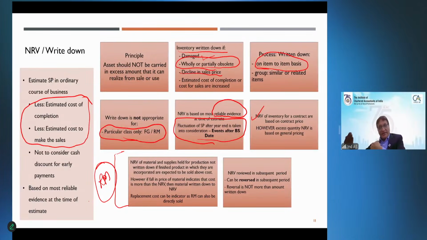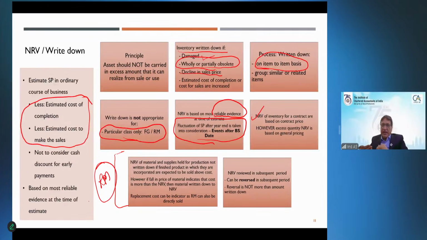So the answer is yes. If at a subsequent reporting date there are changes in NRV, you can reverse the NRV write down of the inventory which is lying in your hand.